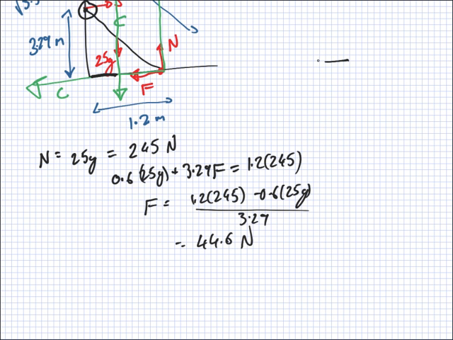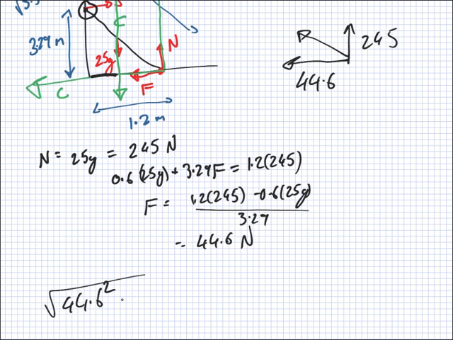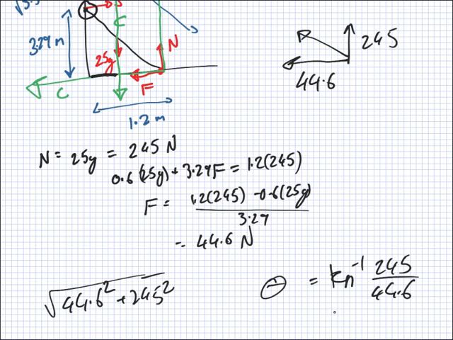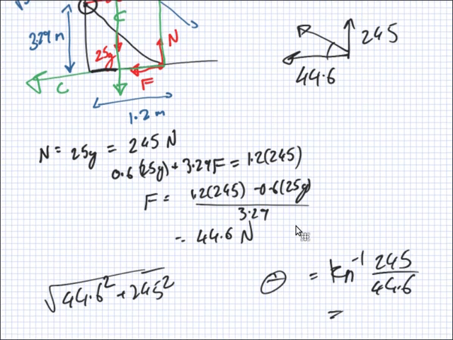So now we have this here is 44.6 and this one here is 245. And they want the magnitude and the direction. So the magnitude would be square root 44.6 squared plus 245 squared, and the direction would be tan inverse 245 over 44.6. So we have an angle and we have a magnitude.